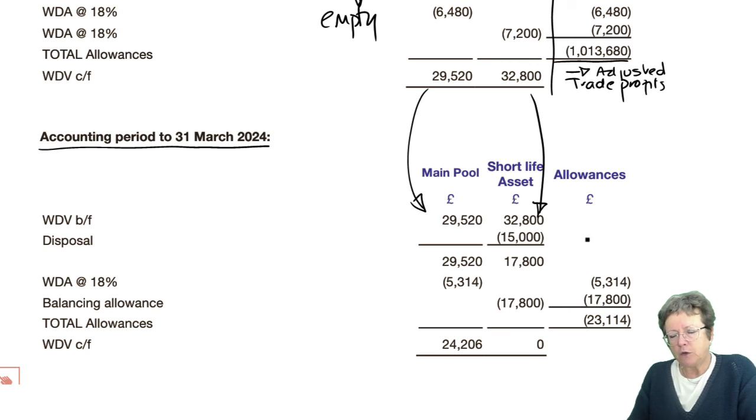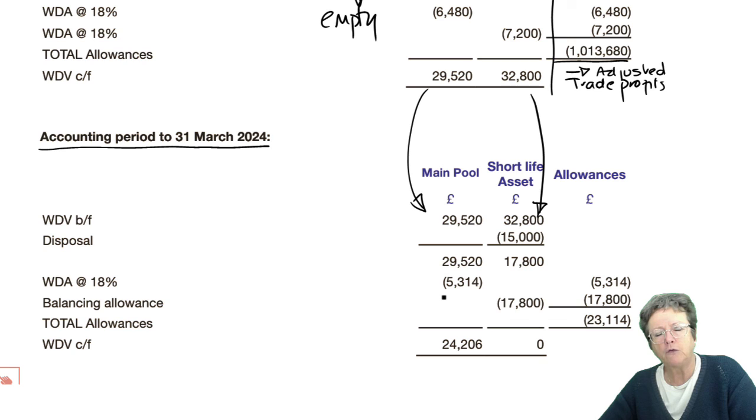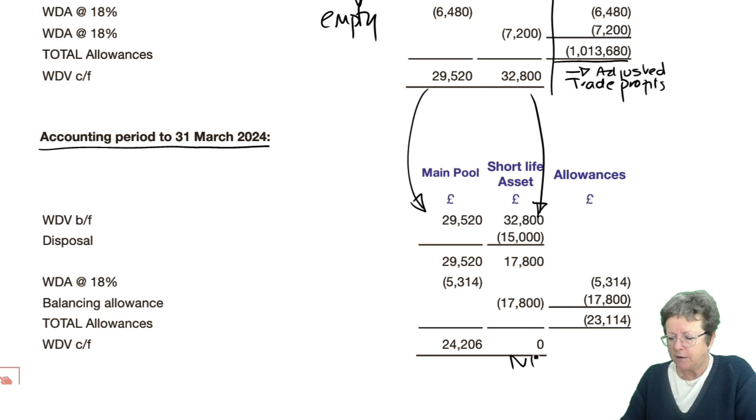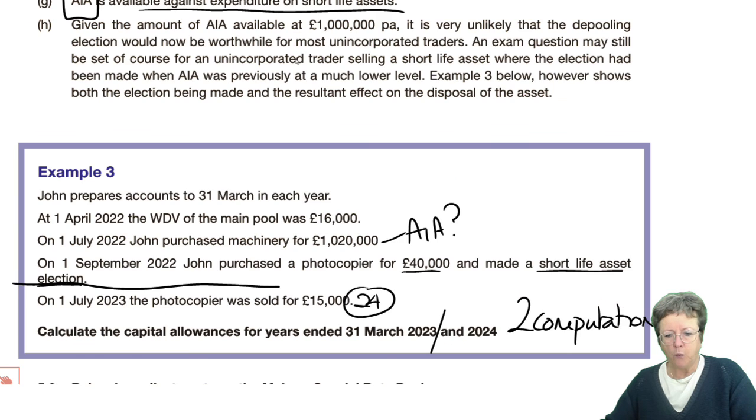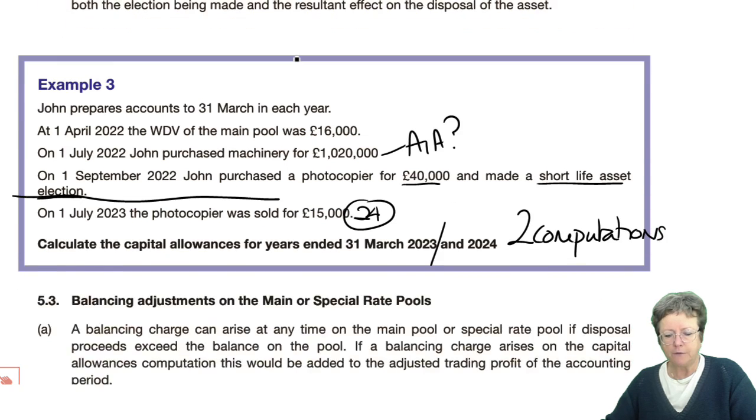We've subtotaled all our numbers, and then we're going to do a written down allowance of 18% on the main pool, which comes to 5,314, and then a balancing allowance on the short life asset. It's been written off, so that at the end of the day it's out of the accounts, it's gone, it's finished. So that's how we deal with short life assets.